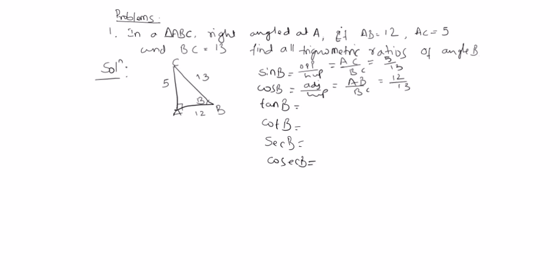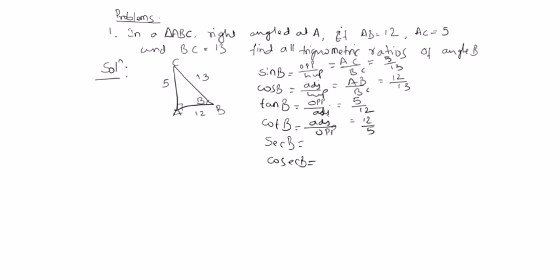Tan will be opposite by adjacent. So this is equal to 5 by 12. Cot will be reciprocal of this, adjacent by opposite. So it is 12 by 5.